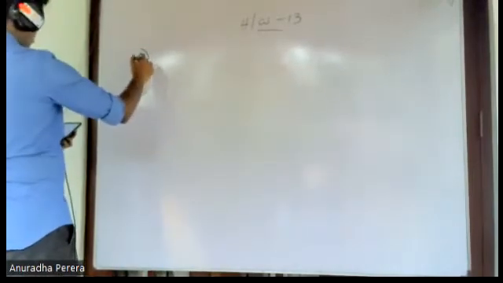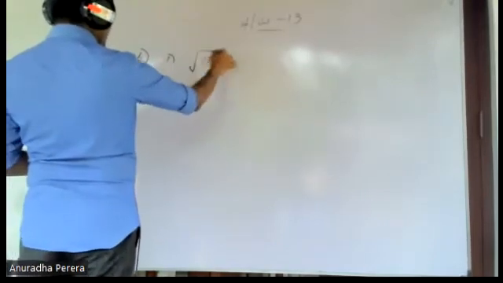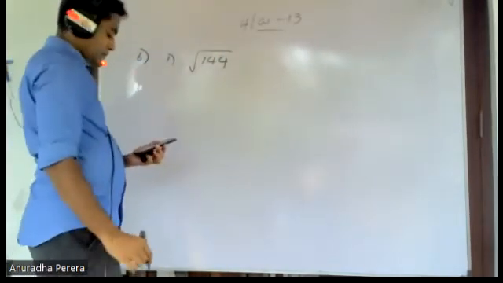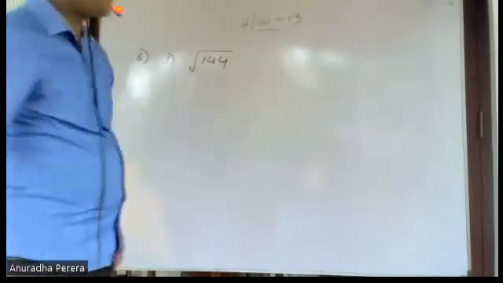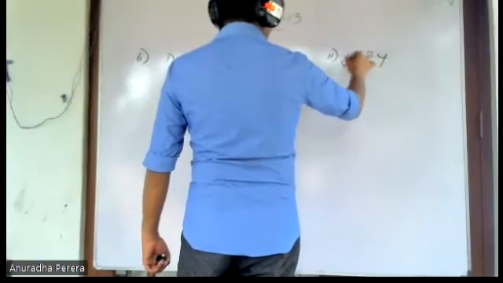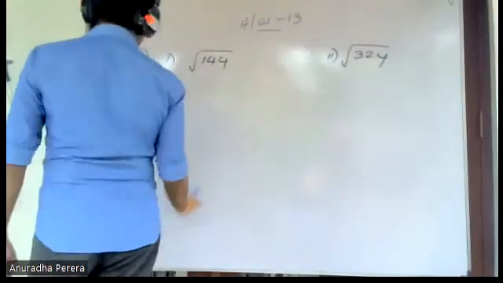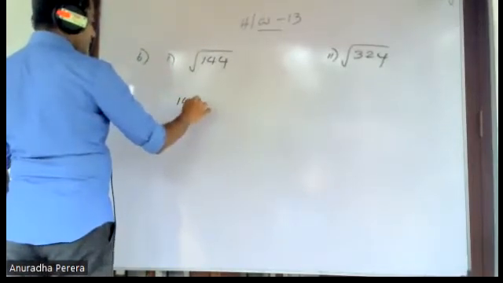Six. The square root of 144, right? The second one, the square root of 324. We can divide 144 by prime numbers.